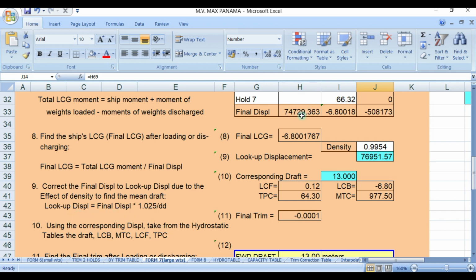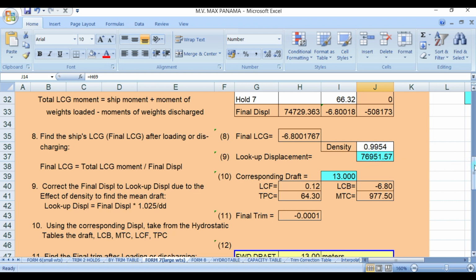Final displacement times the constant of 1.025 over the local density of 0.9954. The value will be 76951.57. Okay, the answer to this formula, the lookup displacement, is 76951.57.